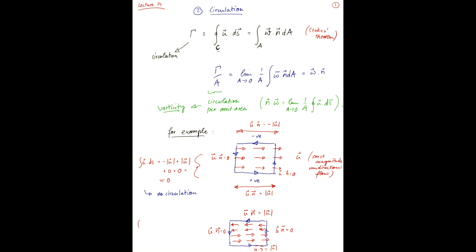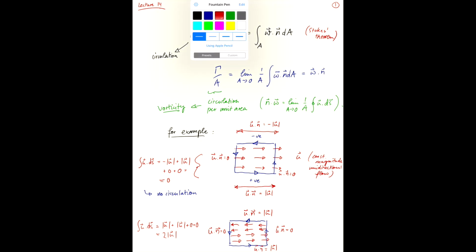So when we add this up, u dot ds, then we get u plus 0 plus 0 is 2 magnitudes of u. So now you have a positive gamma, positive circulation in this flow.